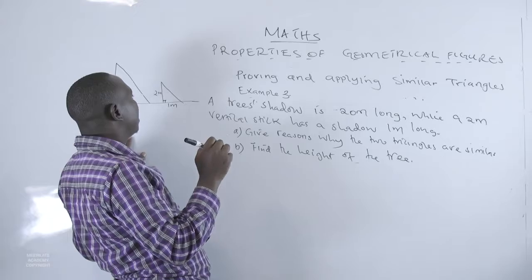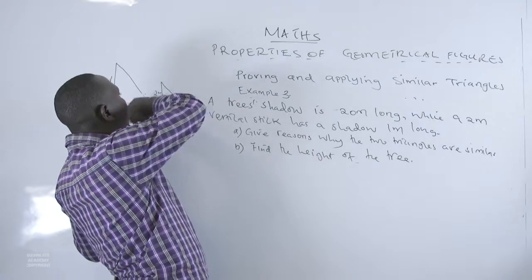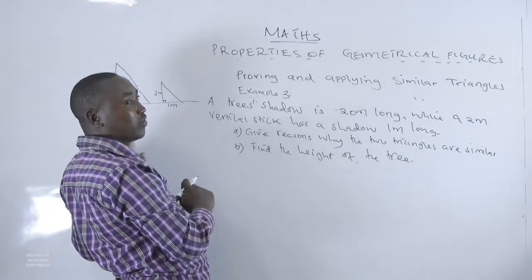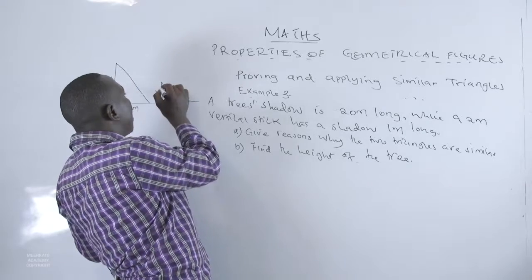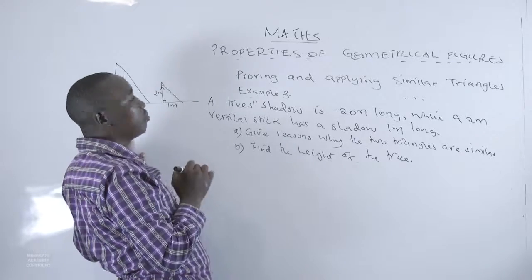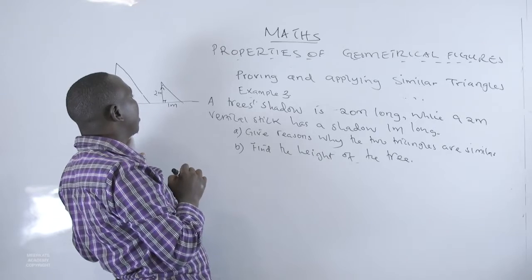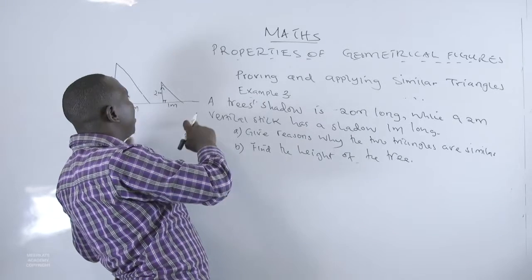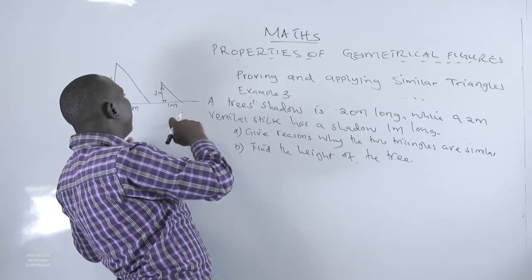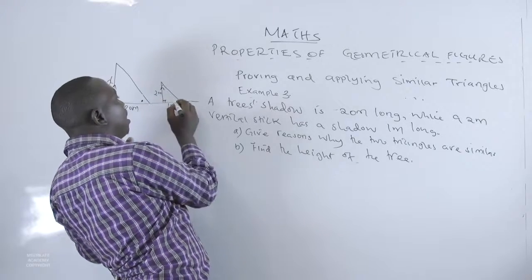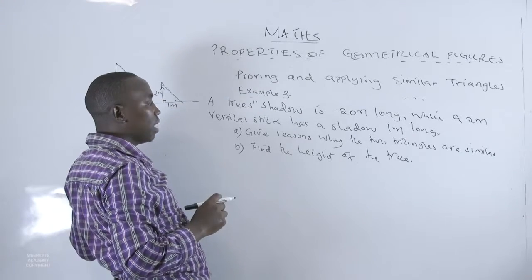And if they are 90 degrees each, we understand that this and this transversal are going to be parallel lines. And if they are going to be parallel, then this is going to be a transversal, and therefore we are able to say that this angle and this angle are going to be equal.